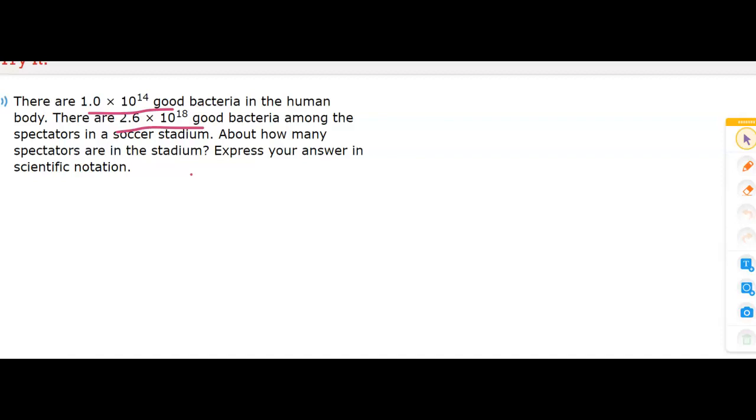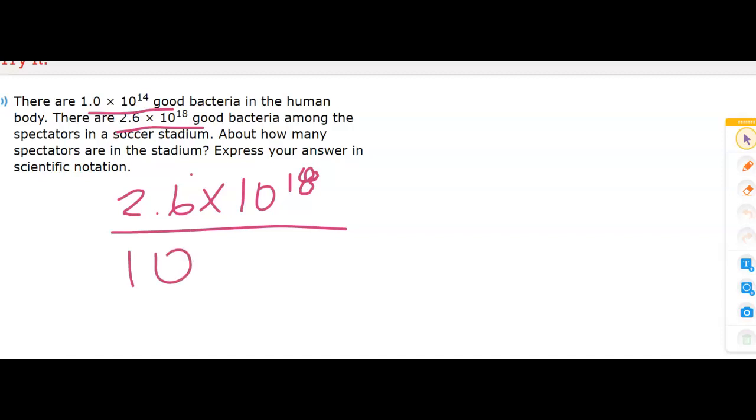number of spectators. And so we have 2 and 6 tenths times 10 to the 18th power, and I'm going to show this division as a fraction. So that's 1.0 times 10 to the 14th power, and the quotient of powers law is when you're dividing, you can subtract the exponents.